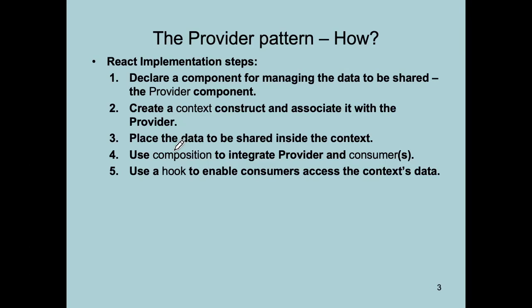So we have this idea of composition, which I talked about before. And finally, step five, we use a special hook provided by the React framework itself. And the hook is used by the components that need to access that data. So they would have been the components at the bottom of the hierarchy that I showed you on the previous slide. The provider was the component at the top of the hierarchy.